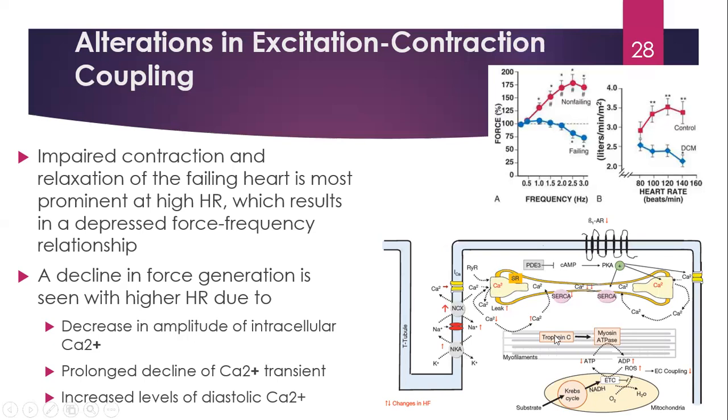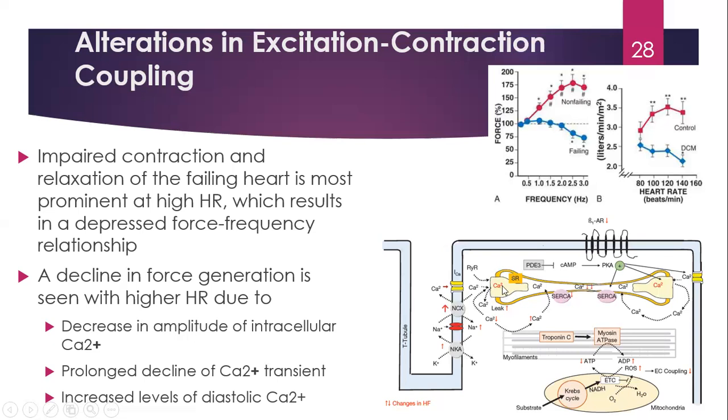And also, in heart failure, all of these proteins that we spoke about are affected. First of all, you get increased cytosolic calcium concentration; the calcium concentration in diastole is increased. That increased diastolic calcium concentration causes reduced activation of your ryanodine receptor.